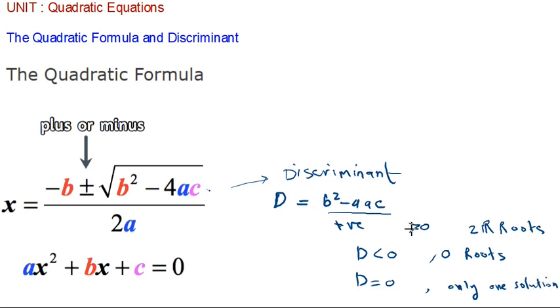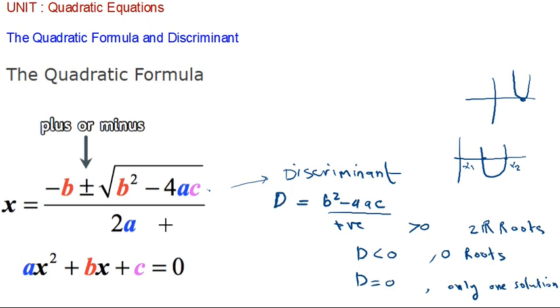When the discriminant is greater than 0, so two roots, the parabola cuts or intersects the x-axis at two points, here we have x1 and x2. If it is only one solution, it touches at only one point.